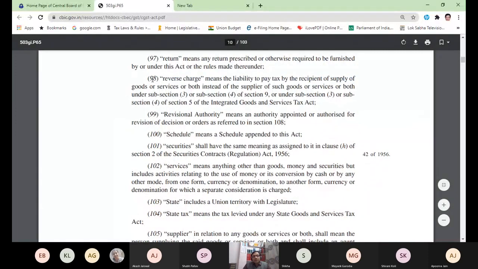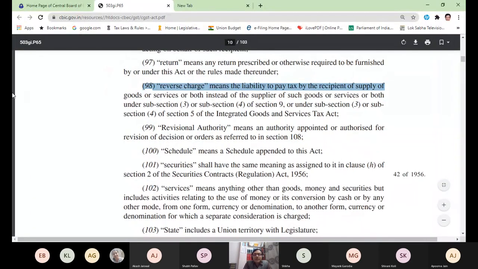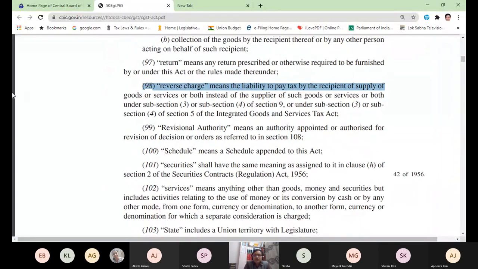As you can see now, reverse charge means the liability to pay tax by the recipient of supply of goods or services or both instead of the supplier of such goods or services or both under subsection 3 or subsection 4 of section 9 or under subsection 3 or subsection 4 of section 5 of the Integrated Goods and Services Tax Act. So in entire GST, reverse charge cases are given in sections 9(3)/9(4) and 5(3)/5(4).